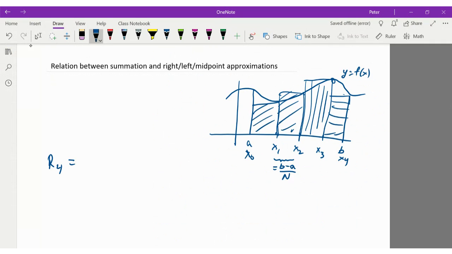In other words, the length of the interval, which is b minus a, divided by the number of subintervals. And that gets the name delta x. We've seen delta x before, and this is another use of that. In other words, that's the change in x. As you start at a and you want to go to the next subinterval, you go delta x to the right.